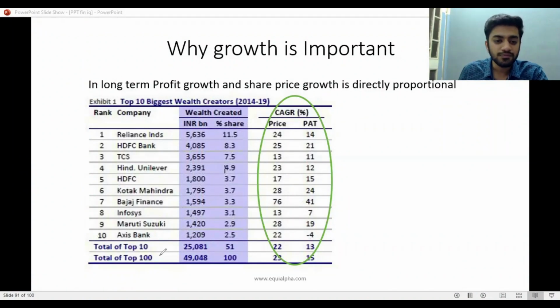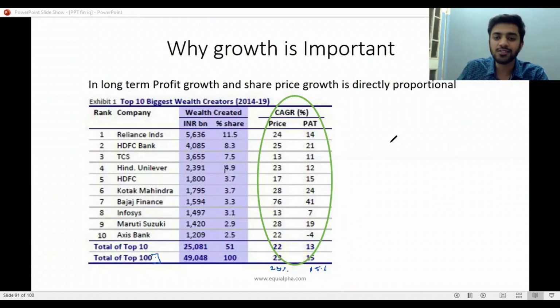Now look at this top 100. Price growth is 23%, profit growth 15%. Now this data is more useful. Top 100, the sample is very good now. What we understood from this is that in the last 5 years, 2014 to 19, and this is the same result we'll find in earlier years also, so we'll not go through all those earlier years.